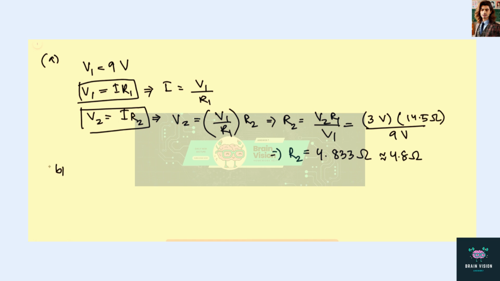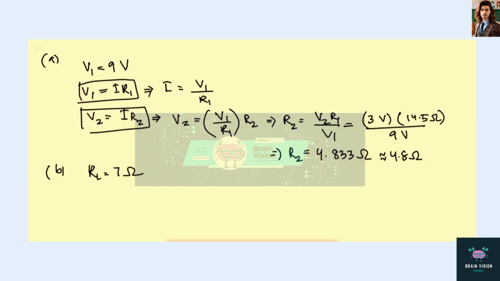Now for part B, if the load has a resistance of 7 ohms, then the parallel combination of R2 and the load must be used to analyze the circuit.